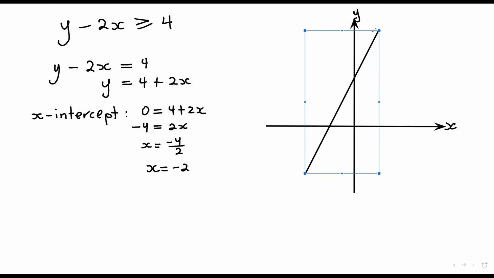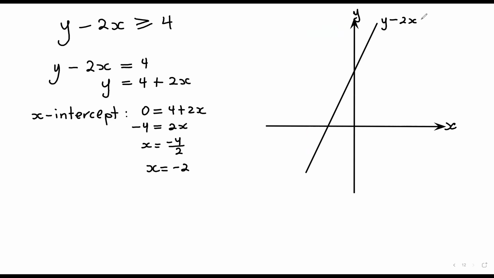Remember, this is not drawn to scale, so it doesn't have to be. The reason it's a solid line is because it's greater than or equal to. A solid line is used for inclusive inequalities. So this point here is 4, and this point here is negative 2.